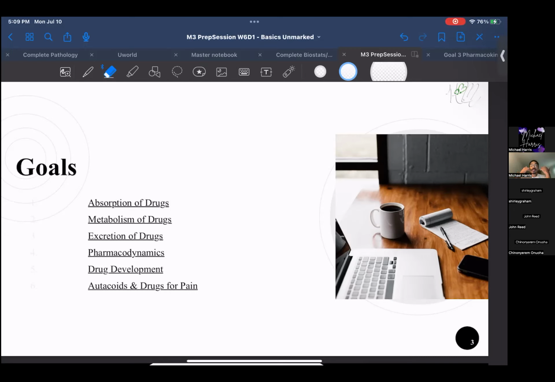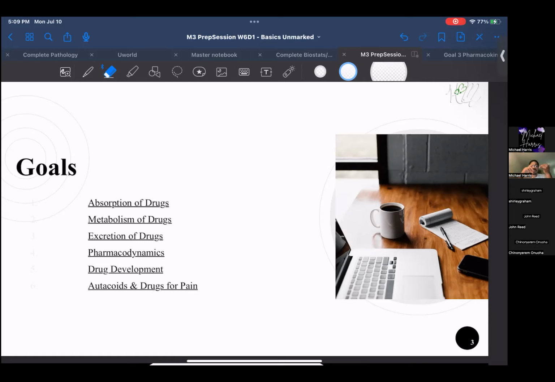Is it activated first, or does it already become activated when you ingest it, and then when it goes through the liver, it becomes a less active component, and then finally gets deactivated? Okay, so that's more the metabolism of the drug, and we'll talk about that.